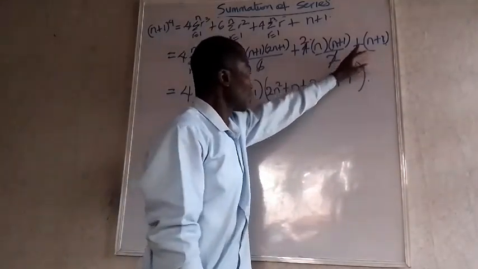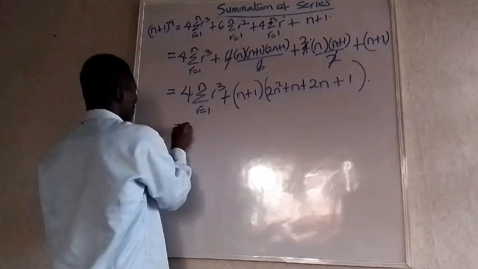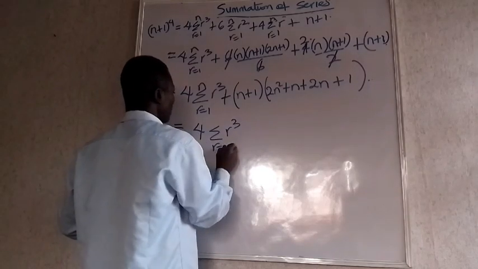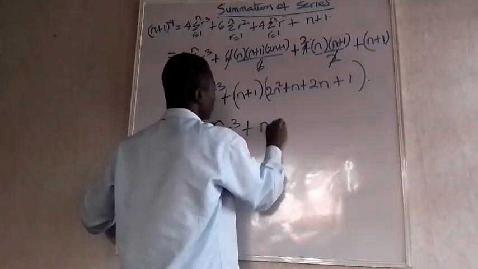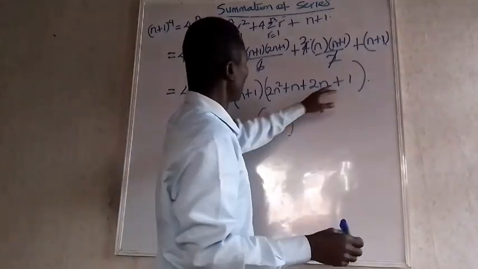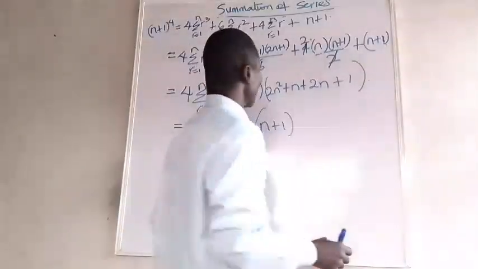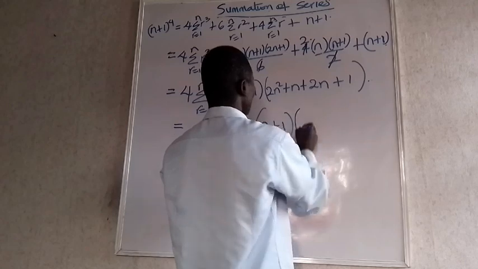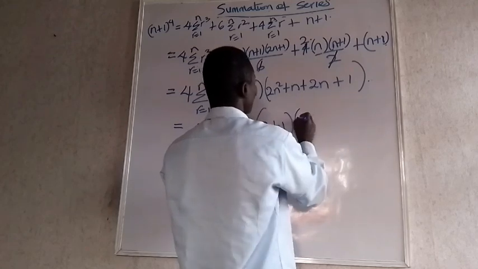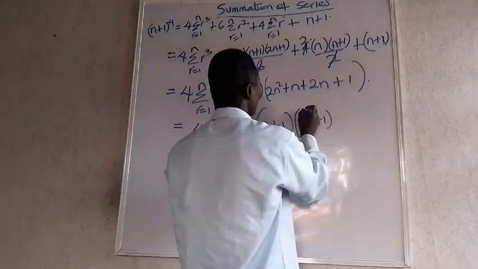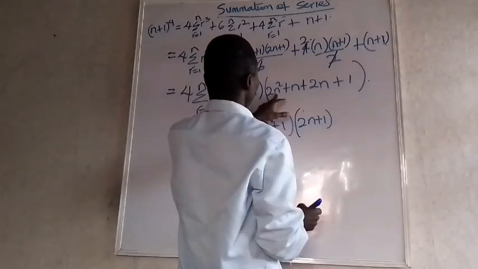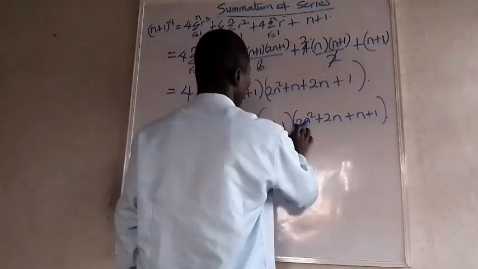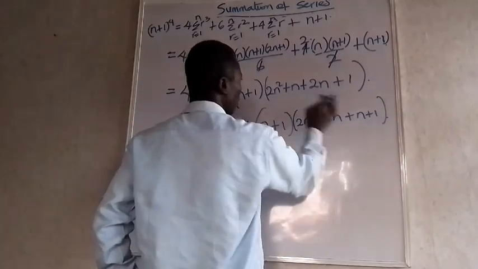Plus 2n plus 1. So 4 summation r cubed from r equals 1 to n plus n plus 1. If you look at this, 2n plus 1 is common. So you can see, this one is 2n squared plus 2n plus n plus 1.